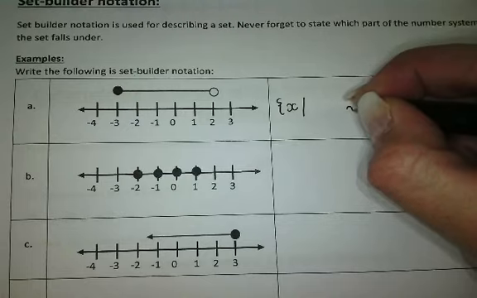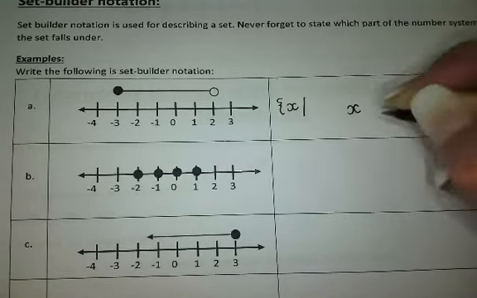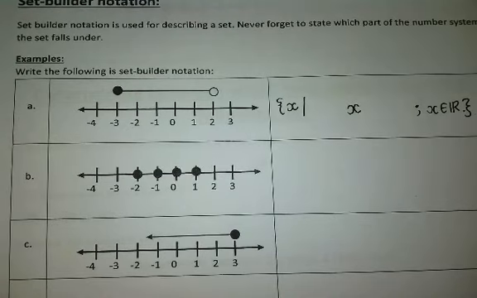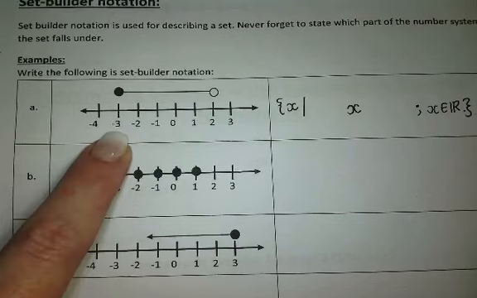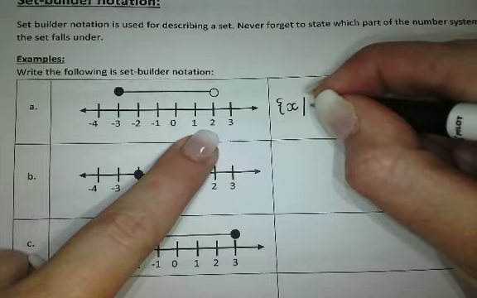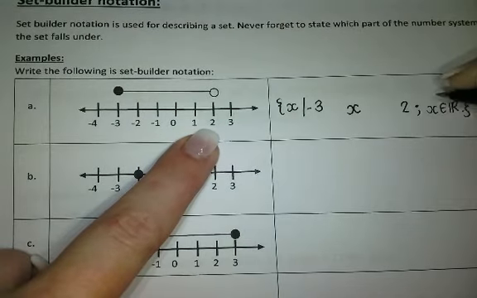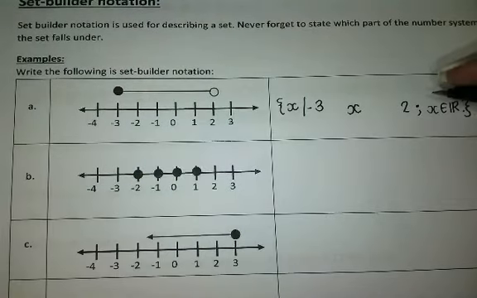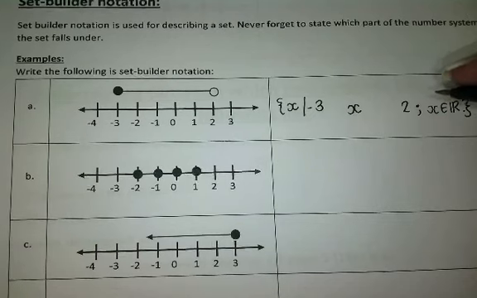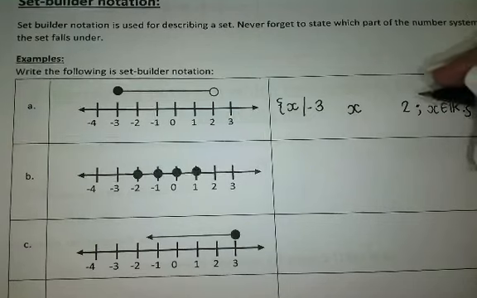Do you agree? Okay, so I'm going to have x in the middle. And x lies in between which numbers? Negative 3 and? You obviously know that your negative number always comes first.